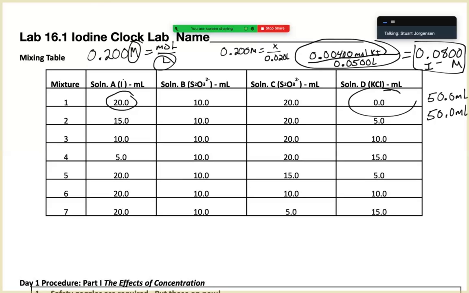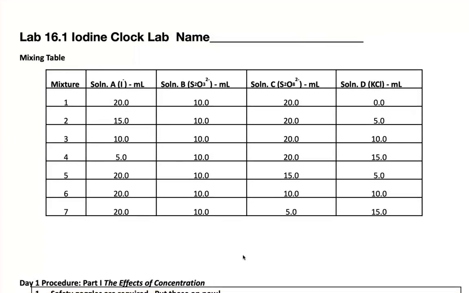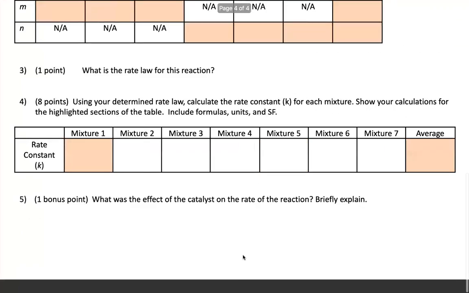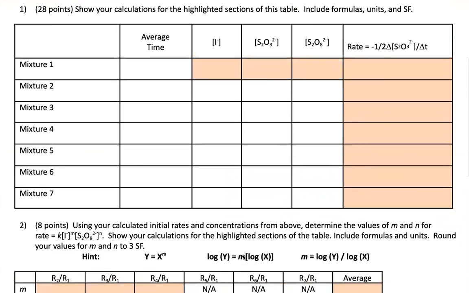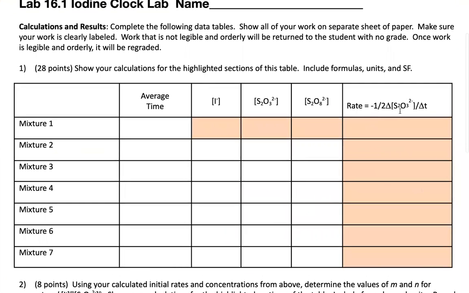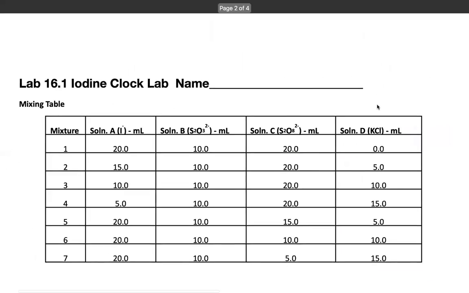If we take a look then at our additional calculations, once we have these molarities, I think we're off and running, because now we've got a way to calculate our change in concentration over change in time. Well, S2O3, that's this column, will have that value from our molarity calculations. It's -1/2 because of our balanced chemical equation.